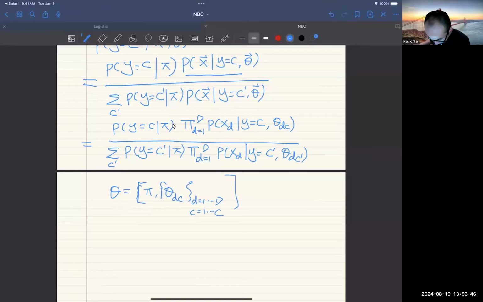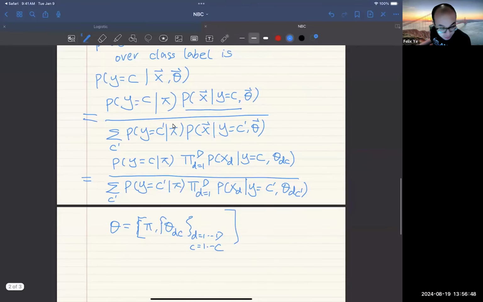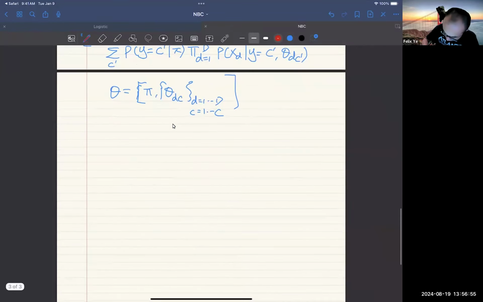And also, if we can find out this posterior distributions, then we can easily make these predictions. So the prediction is the maximum label such that this posterior probability is maximized.